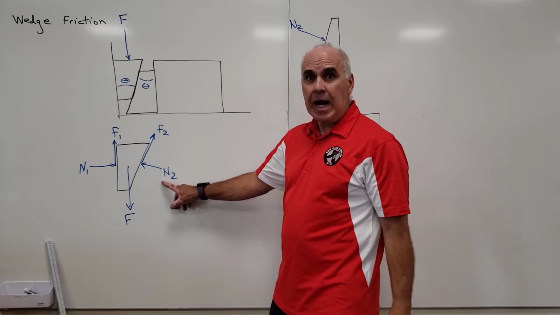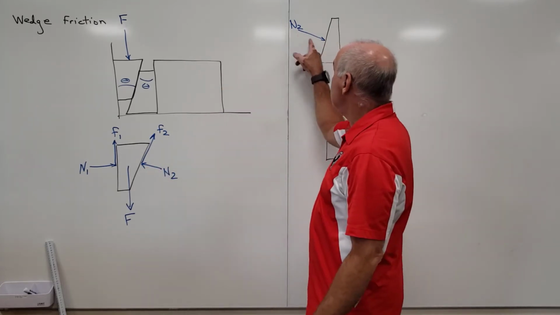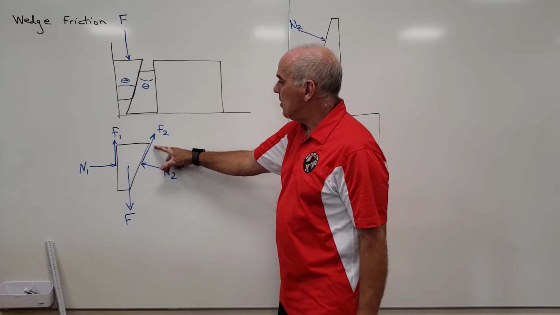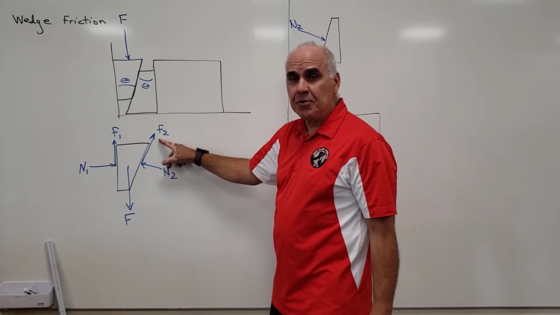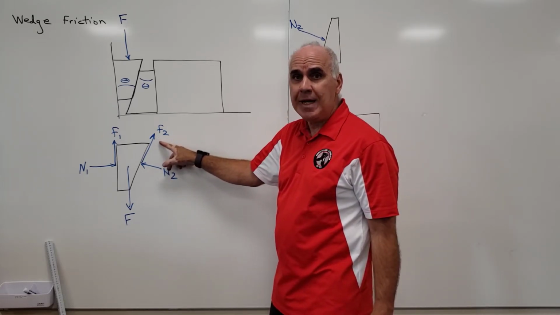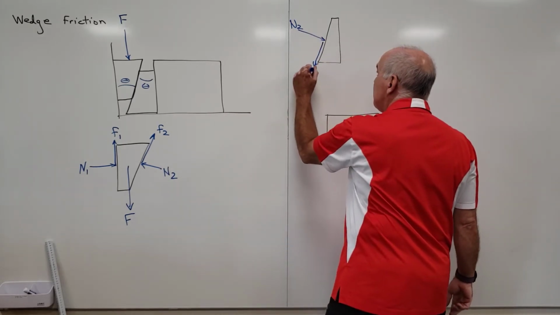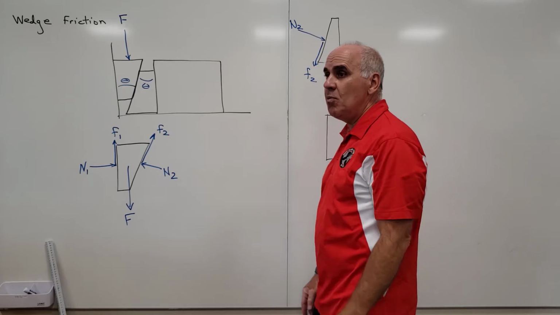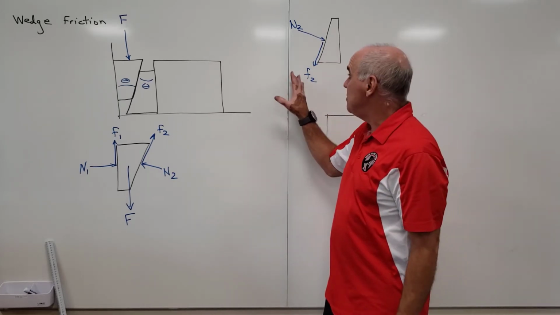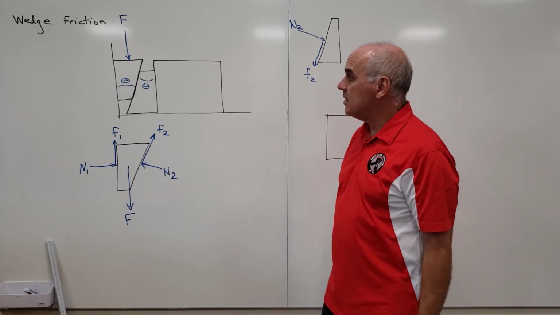Equal force, opposite in direction, up and to the left, down and to the right. Frictional force 2, frictional force due to wedge 2 acting on wedge 1 means there has to be an equal and opposite force due to wedge 1 acting on wedge 2. And so that's going to be in that direction.